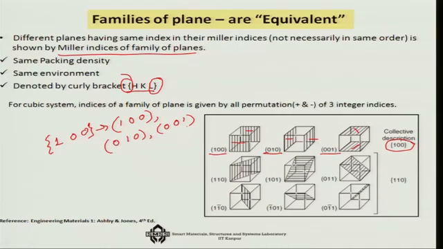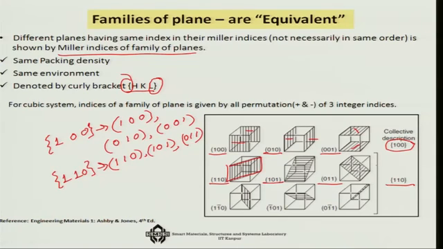Suppose we consider this particular plane which contains the diagonal direction. So, this is actually the 1 1 0 plane. The other diagonal plane is 1 0 1 and the other one is 0 1 1. Again, the family is called 1 1 0. That means, I can get 1 1 0 of course, and then 1 0 1 and 0 1 1.